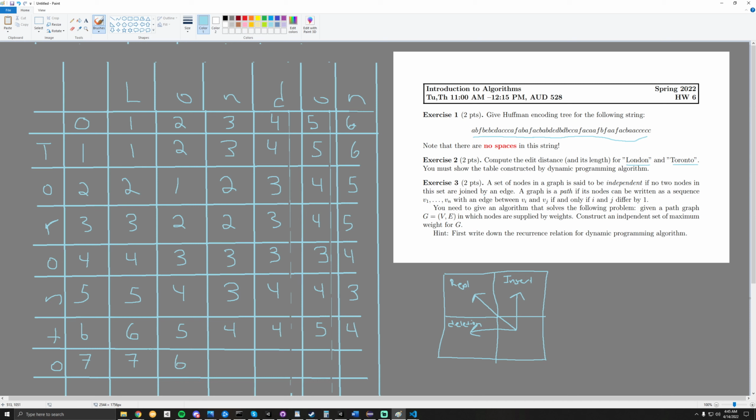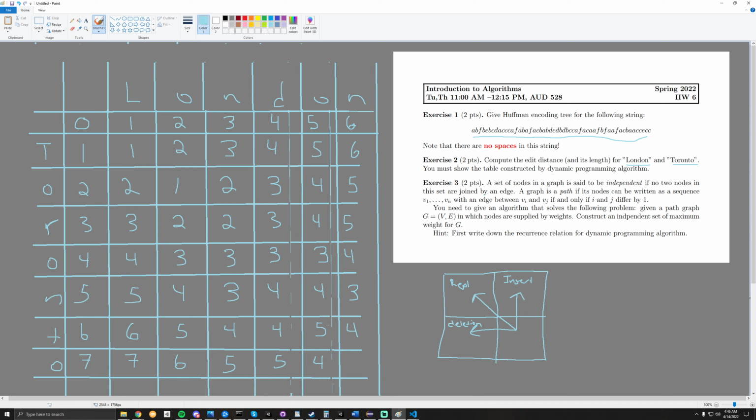And since we're not taking the diagonal, in this case here, we've got N and O. They don't match, so we would have our lowest, which is 4 plus 1 or 5. D and O do not match, so we would have our lowest plus 1, 5. O and O do match, and we can take the diagonal. So that would give us a nice 4 here.